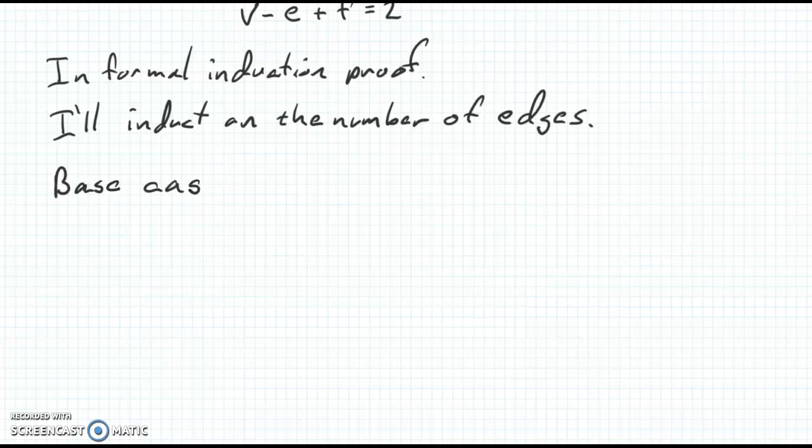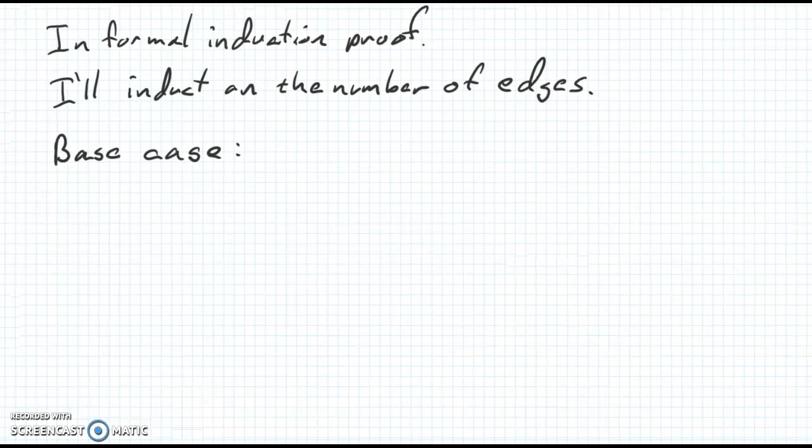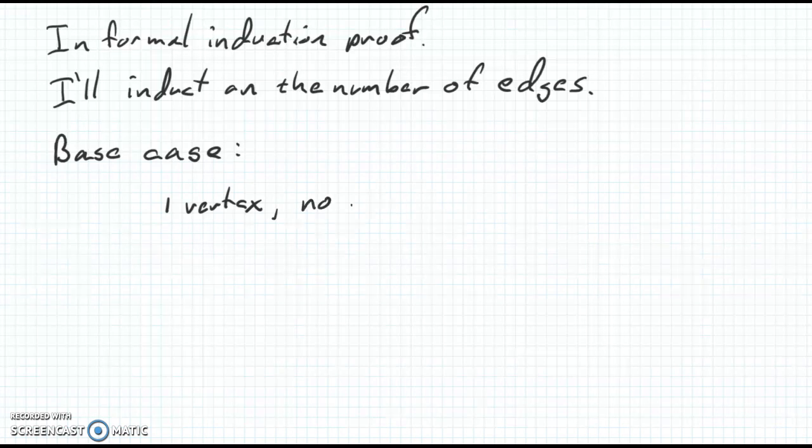And that is, we'll do a couple of base cases actually, but the first base case is we have a connected graph with exactly one vertex. So one vertex, no edges, and then one face.